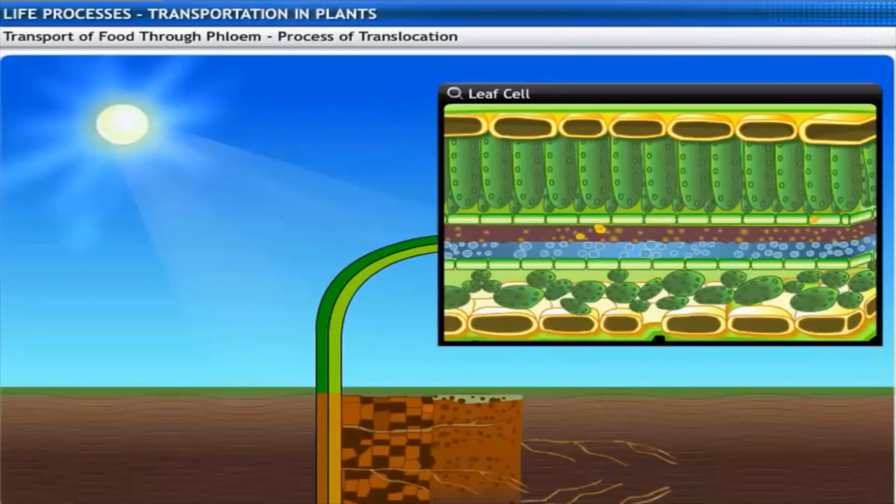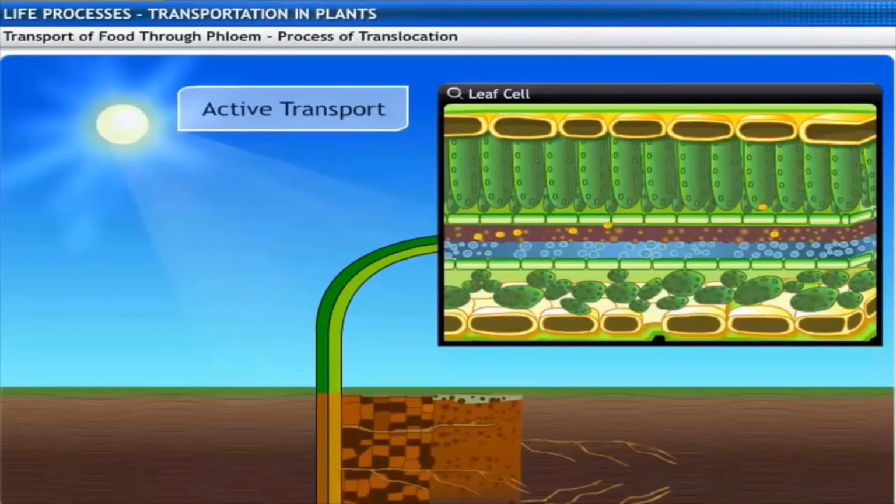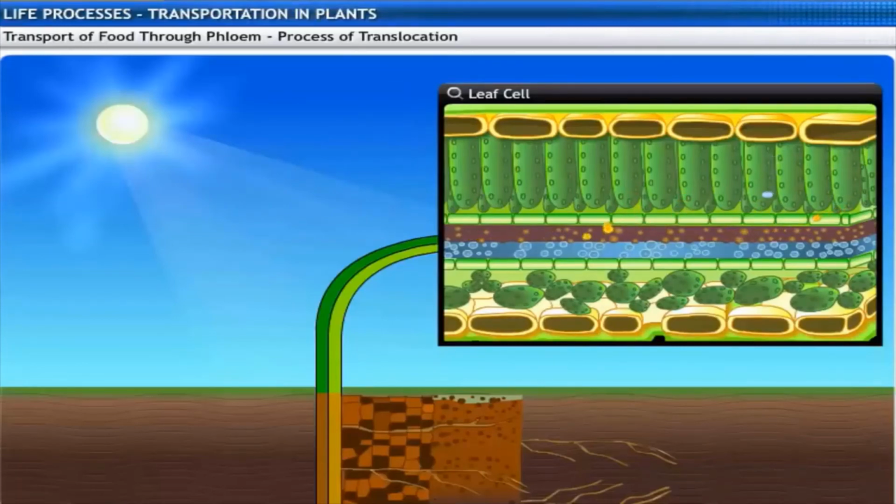Glucose molecules in the leaves are transferred to phloem tissue using energy from ATP. This process is called active transport. This high concentration of sugar in the phloem causes water to move from adjacent cells to the phloem by osmosis.